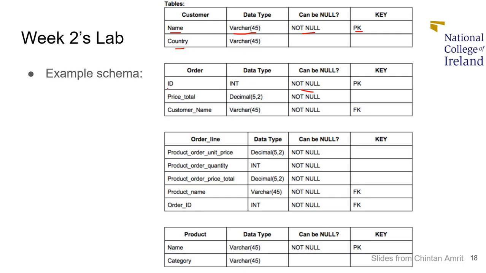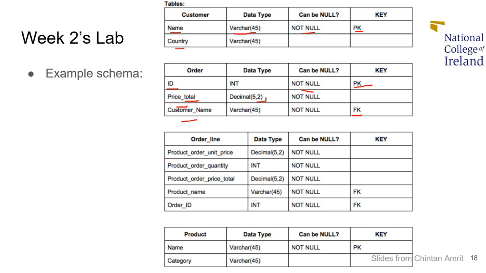For the order table, we have order ID, total price, customer name. We set the order ID as the primary key and the customer name as the foreign key. The customer has an order. And here, the price total, the data type is set to decimal, to two decimal places.